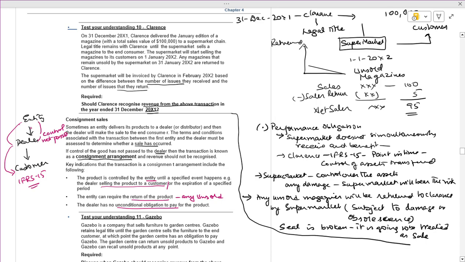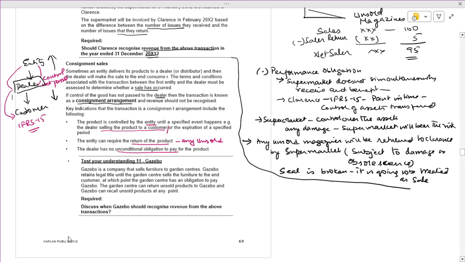It is a conditional operation, which means it can go forward or it can go backward. Very interesting, is it? This is the transformation that's happening from IAS 18 to IFRS 15. It's not a direct point-to-point sale.